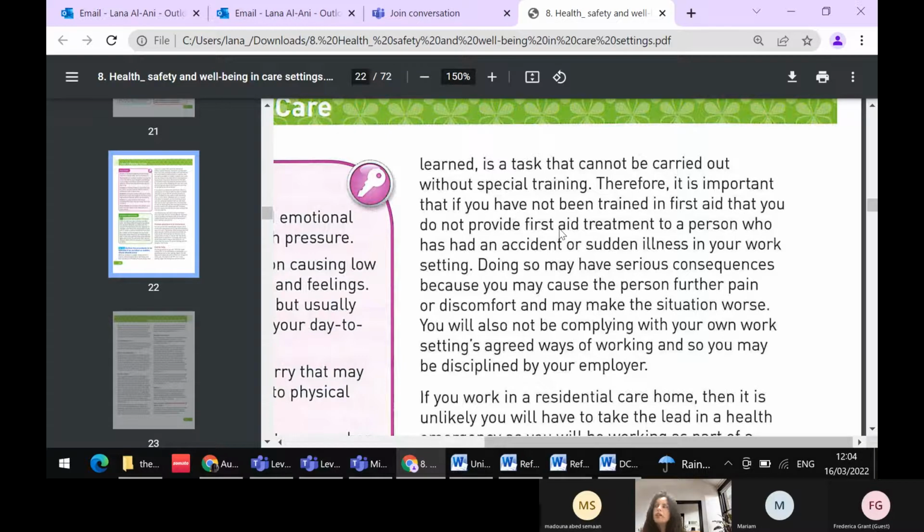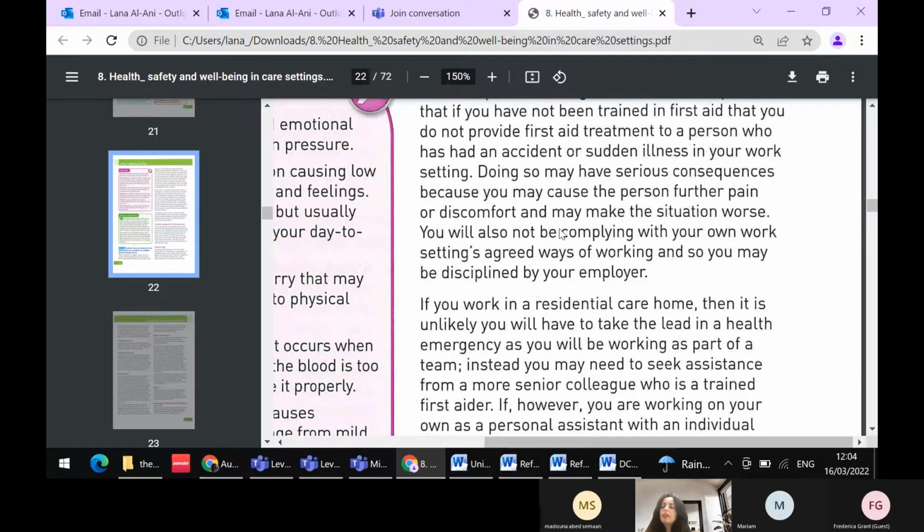Only the person who has a very close relationship to this person, like his daughter or son or their carers. And also, if there is any sudden illness, it's the responsibility of your manager, your employer, to report this.